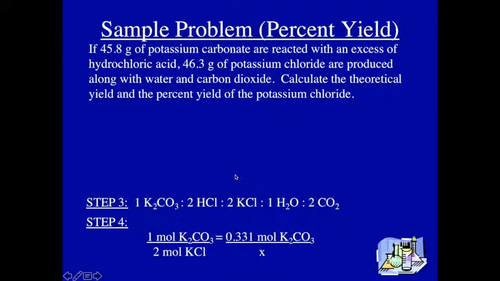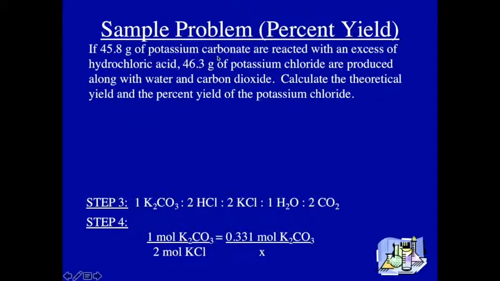Now I see I have some animations that I need to fix here at the bottom, but just to take a look at this problem, in every single stoichiometry problem, we have to look at what our knowns are. So in this case, 45.8 grams of potassium carbonate.